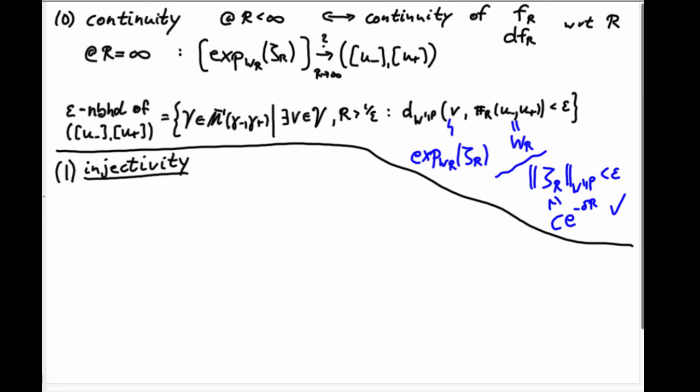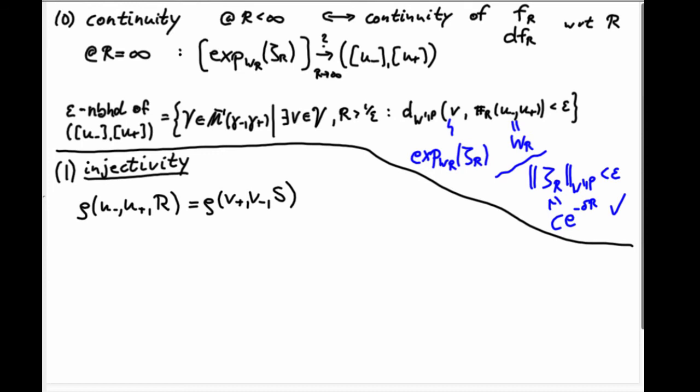So if you want to prove it's injective, let's assume it's not injective. I'm going to drop the equivalence classes here. I'm going to assume that I've fixed all my representatives, gluing possibly different broken curves, possibly different gluing parameters R and S. What if I get the same point?